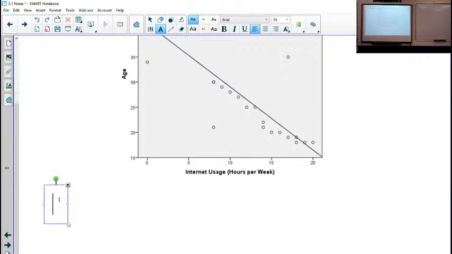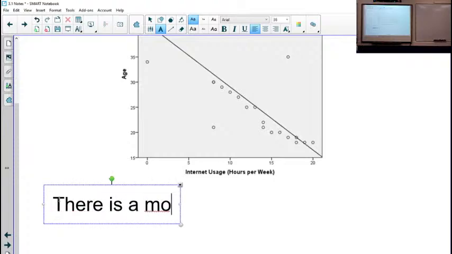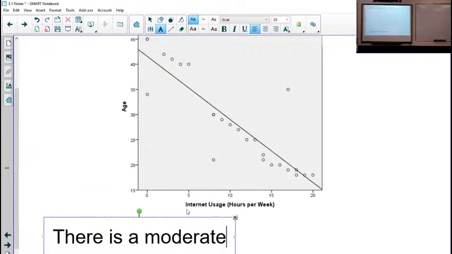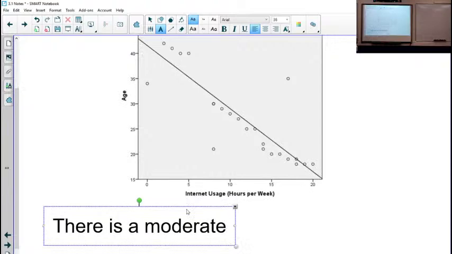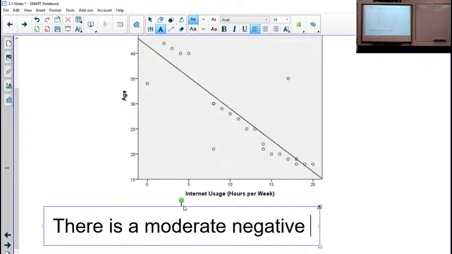So, for example, on this one, I would say that there is a moderate, or maybe moderately strong association. I wouldn't say it's a weak association, but I wouldn't say it's a definite strong. Direction? Negative this time. Obviously, we're using a line.